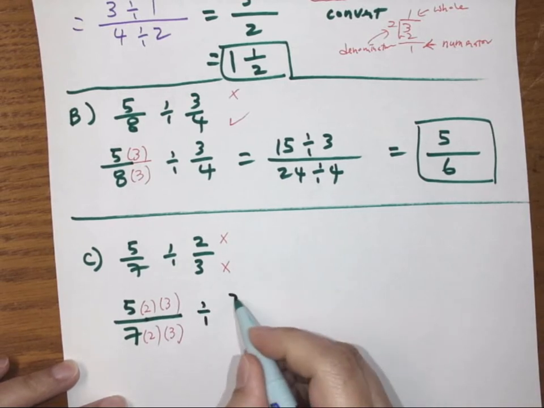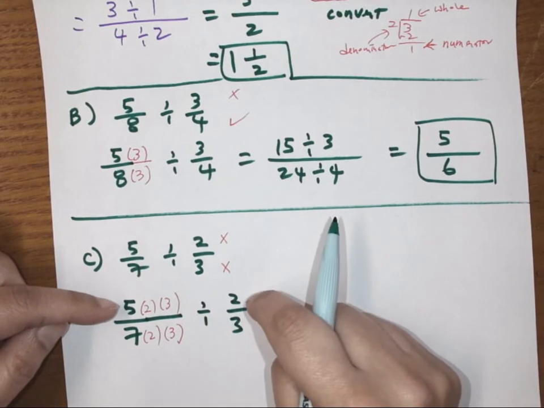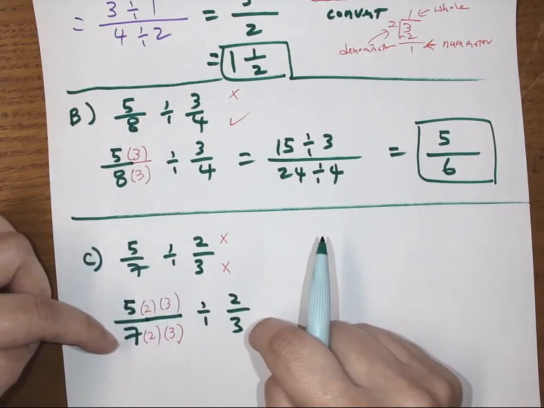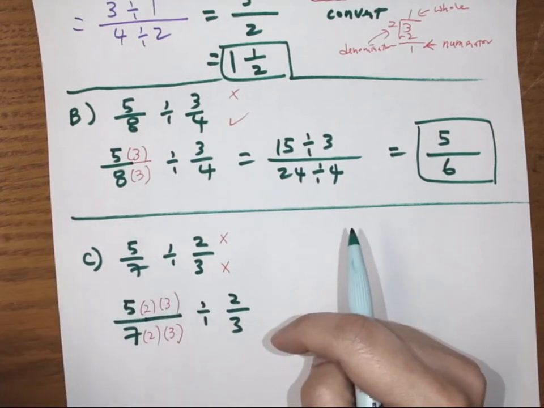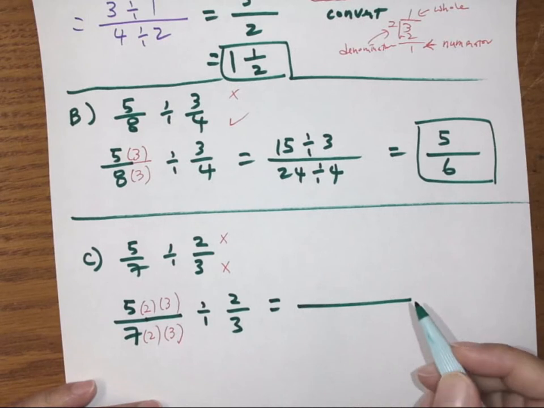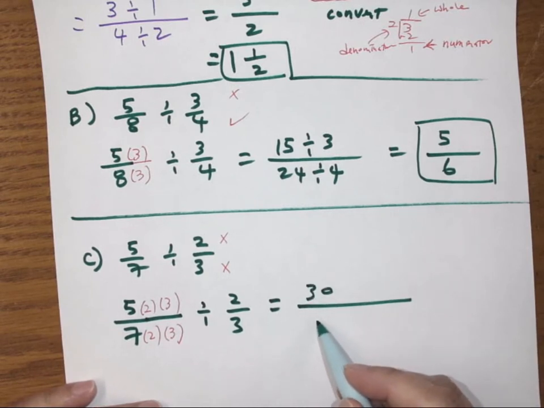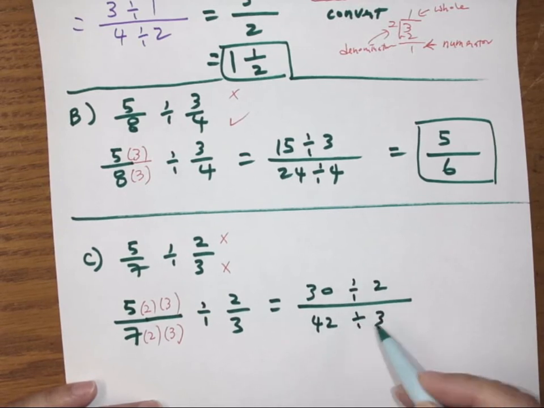That would be the easiest way to handle this. I want the top to be divisible by 2, so I multiply by 2. I want the bottom part divisible by 3, so I multiply by 3, both top and bottom. That would give me 30 over 42 divided by 2 over 3, right?